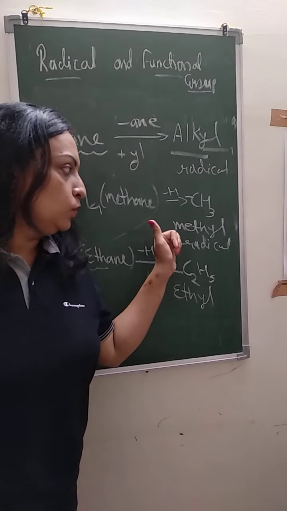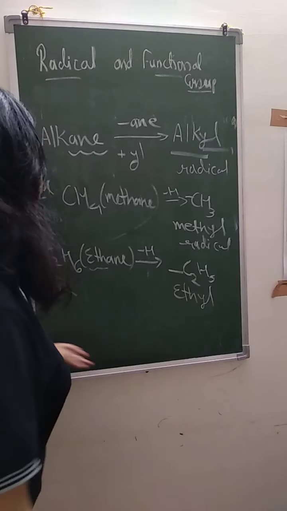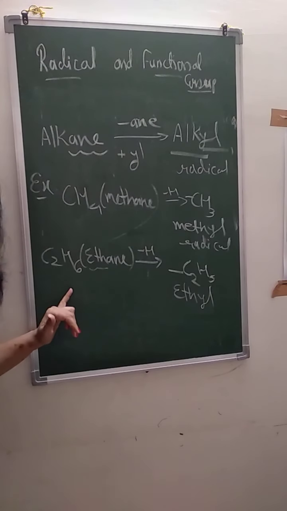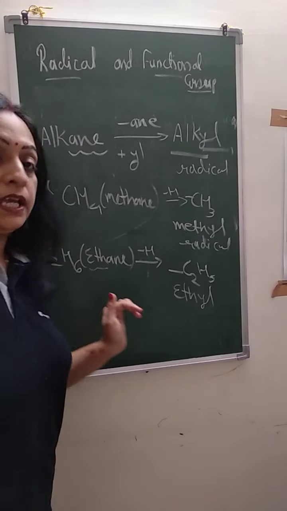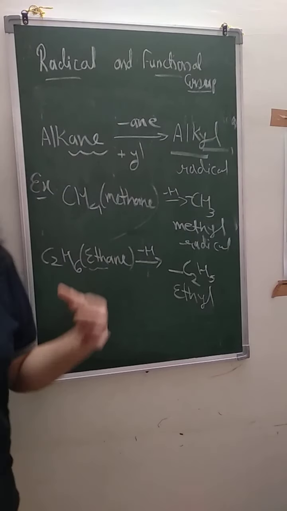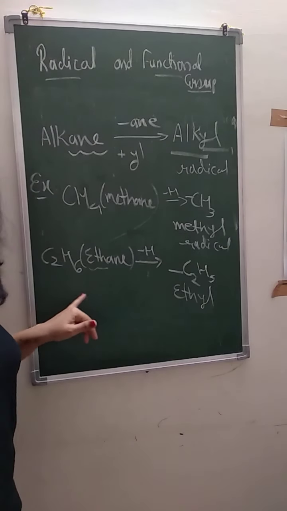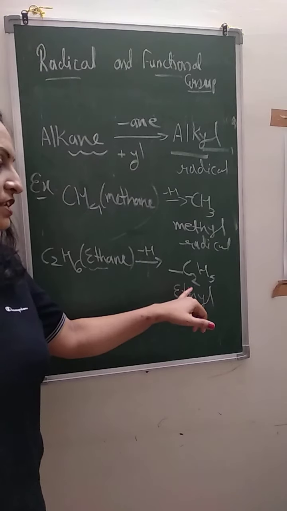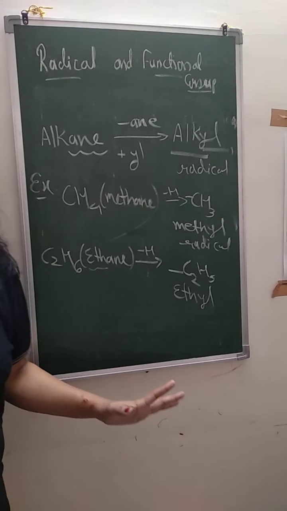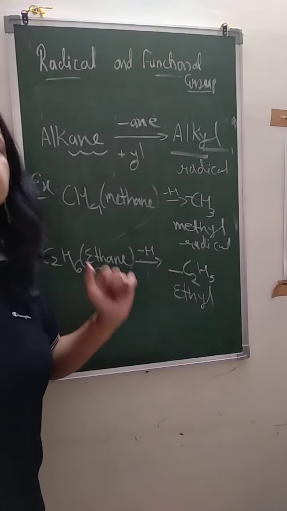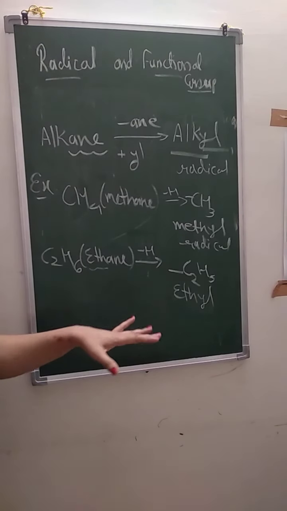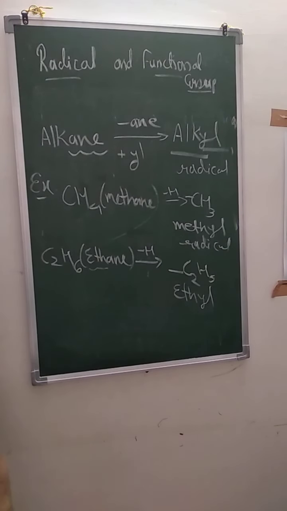So this is known as methyl radical. Again, take another example of C2H6. C2H6 is an ethane, and when we remove one hydrogen from this ethane, then it becomes C2H5 with one vacant position. Now this is known as ethyl radical.